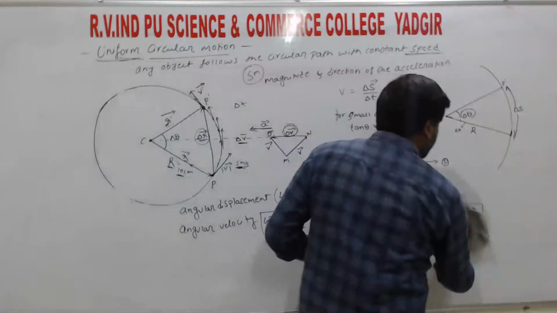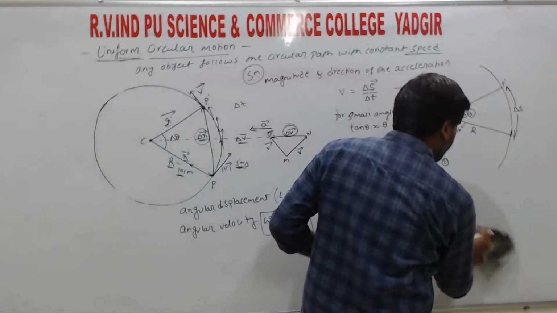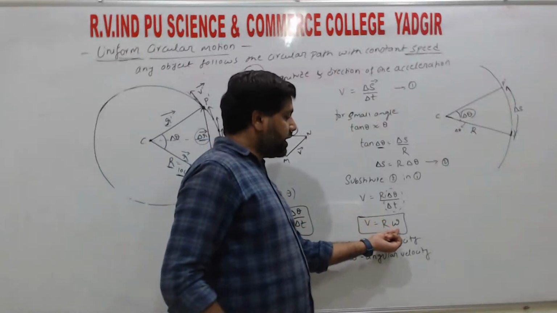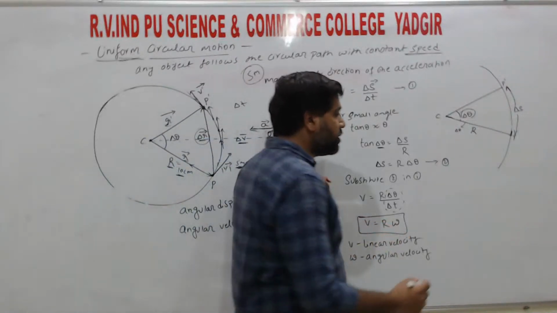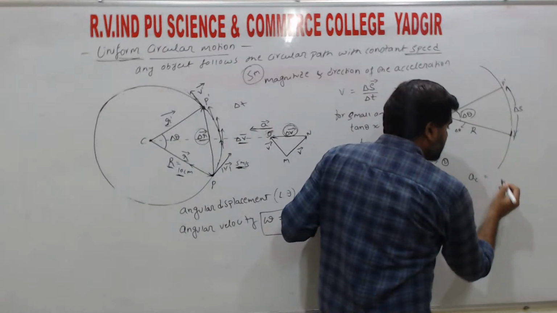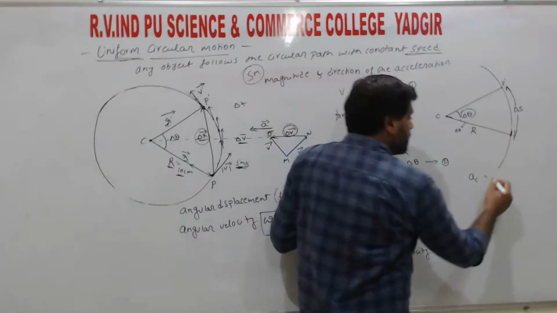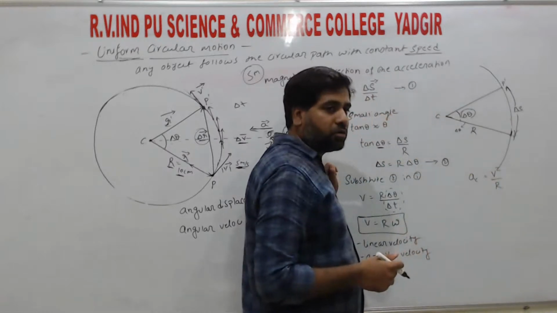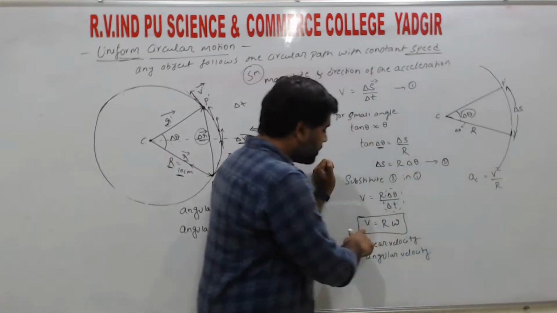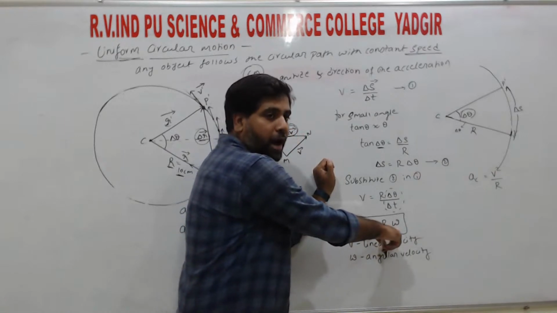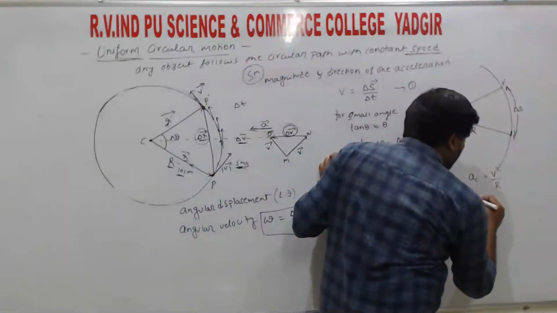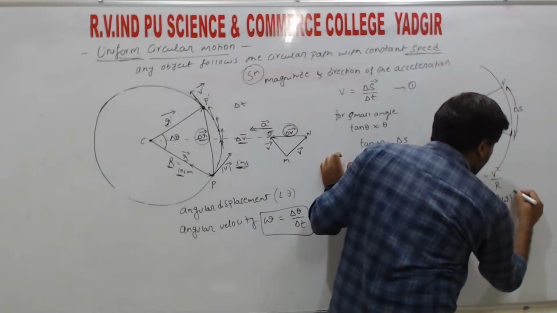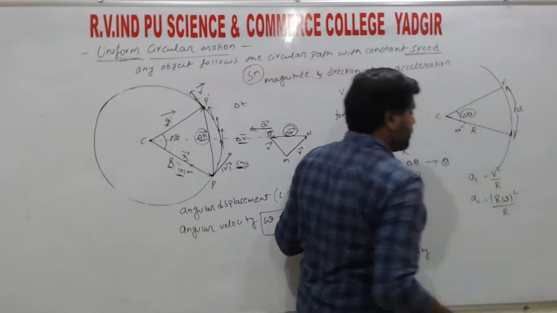So next, centripetal acceleration in terms of angular velocity. We know centripetal acceleration AC is equal to v square divided by r, where v is the linear velocity. Here we have the linear velocity in terms of angular velocity, so AC is equal to, in place of v, r omega whole square by r.